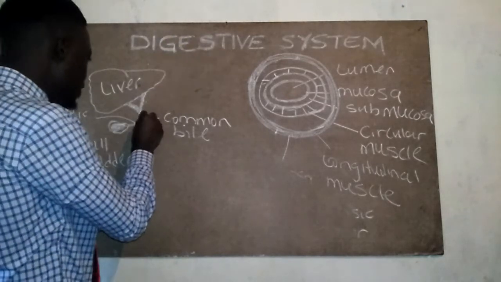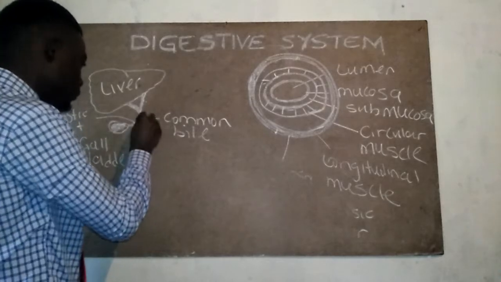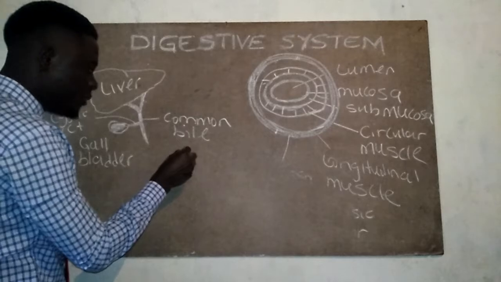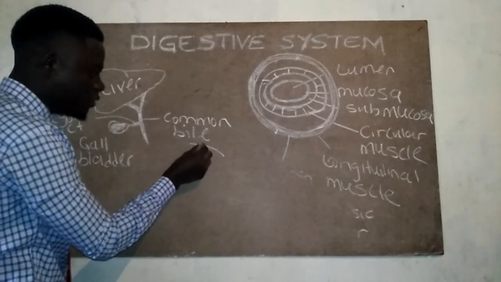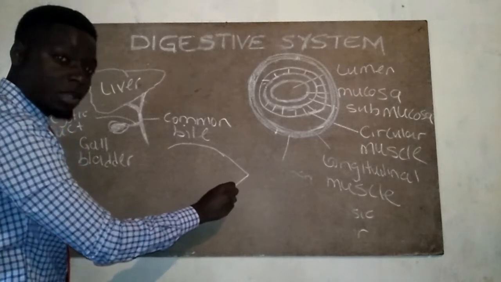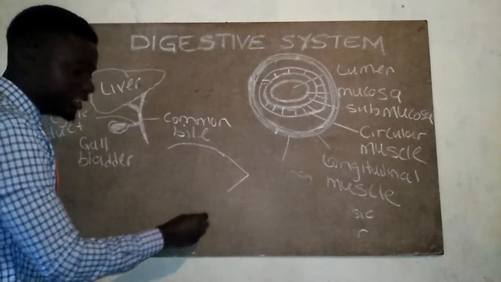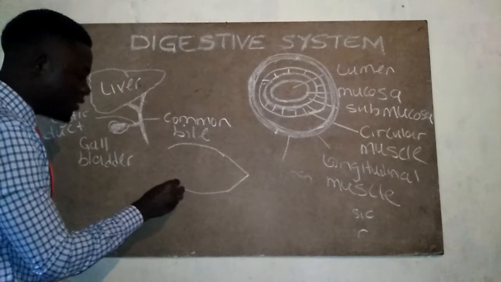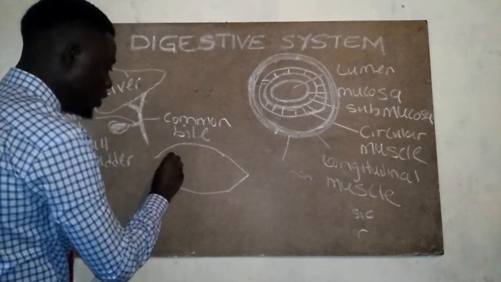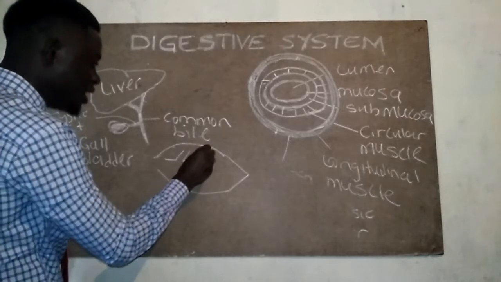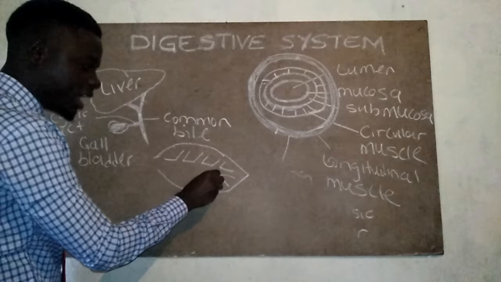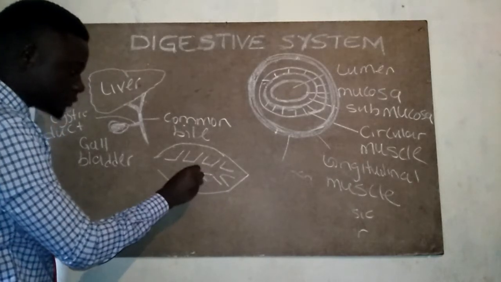And coming down here, of course, you probably know we have the pancreas. And the pancreas is described as an organ with the body, head, and the tail. So here we have the pancreas. And we know that the pancreas is both an exocrine and an endocrine organ. It contains exocrine and endocrine tissues.